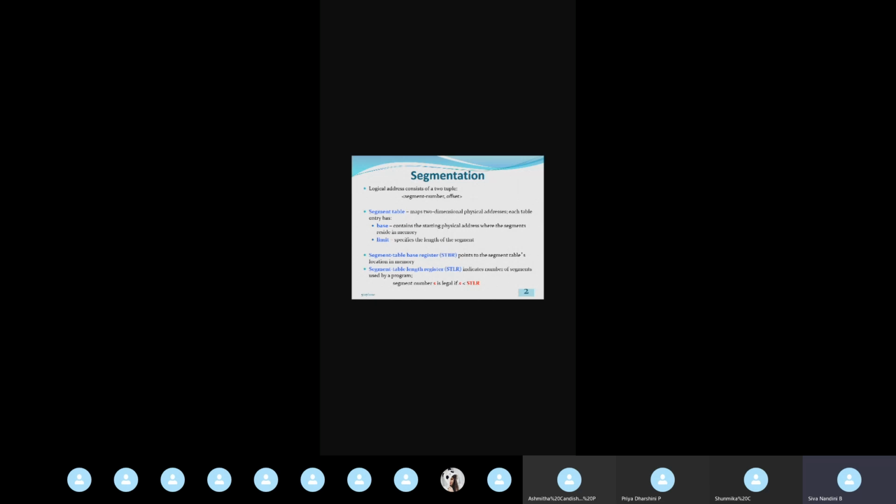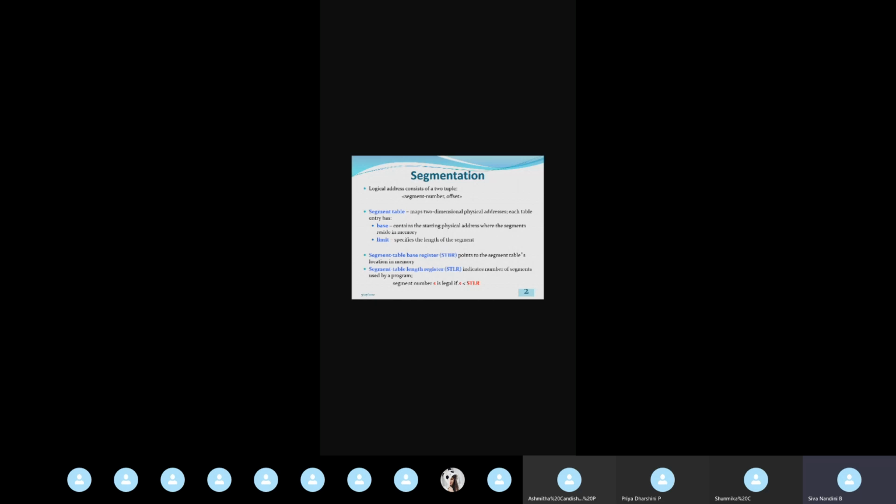For example, if you are generating a segment number, see in segmentation the logical address includes segment number and offset. That segment number is denoted by S. So this segment number generated should be less than the segment table length register, because the segment table length register holds the number of segments. For example, I'm having 10 segments in a particular program.